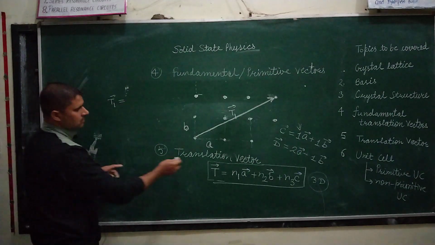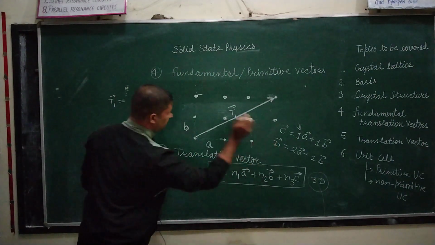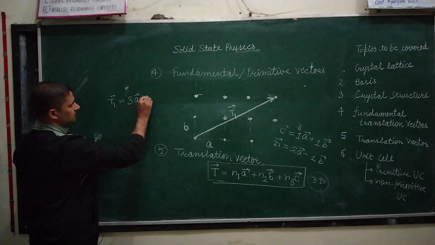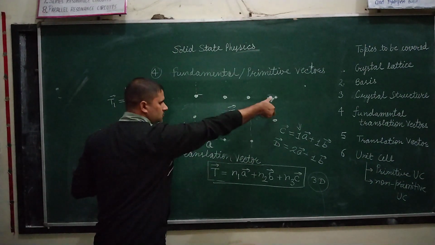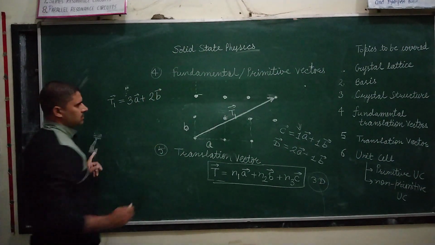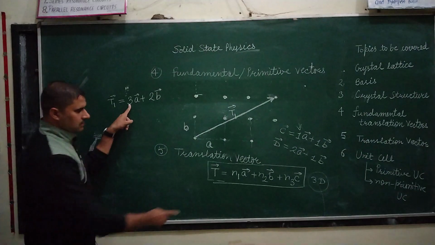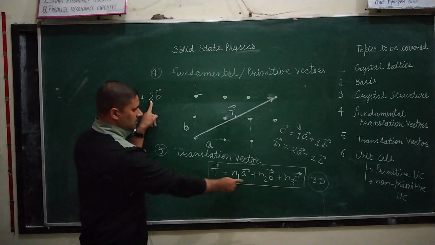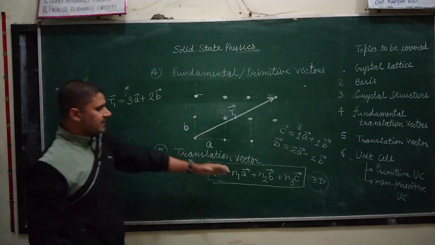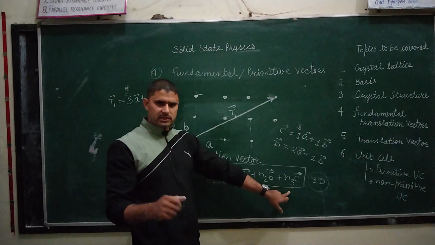So this vector can be written in terms of a and b, and here vector t1 is equal to 3 times vector a plus 2 times vector b. Here you will see the value of n1 is 3, the value of n2 is 2, and since it is in 2D, I can take n3 to be 0.